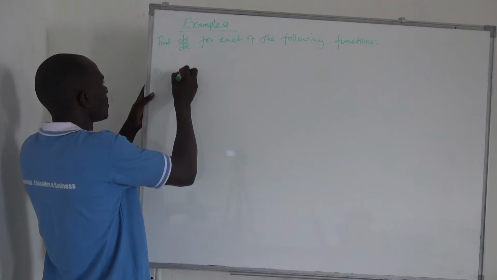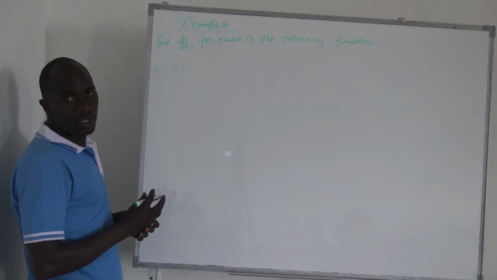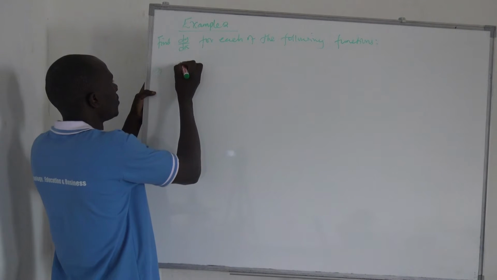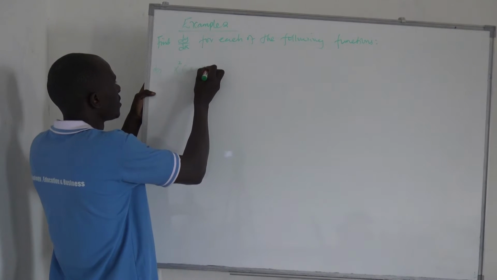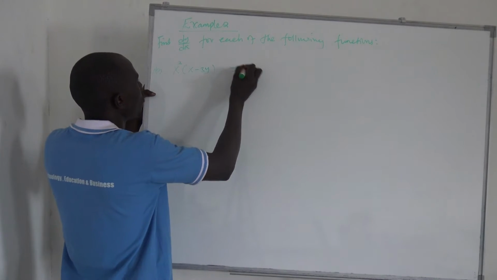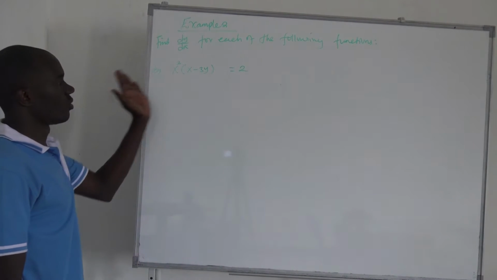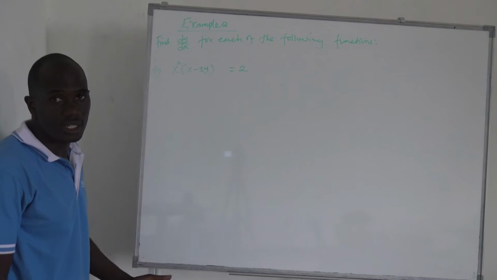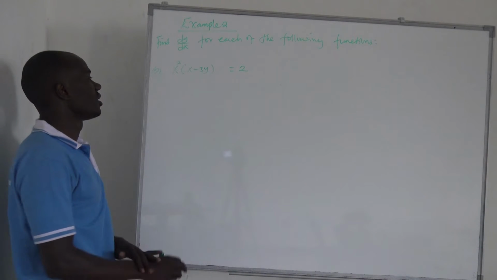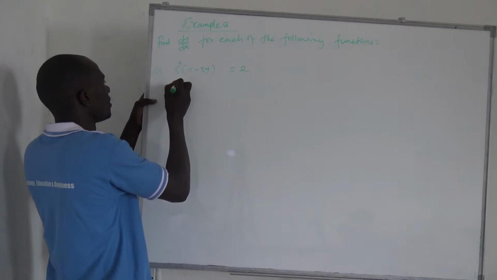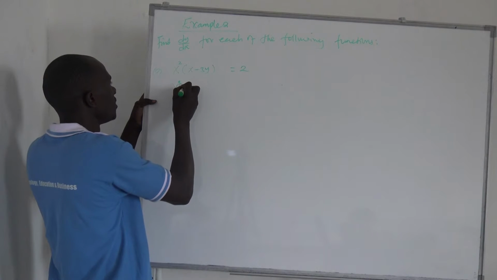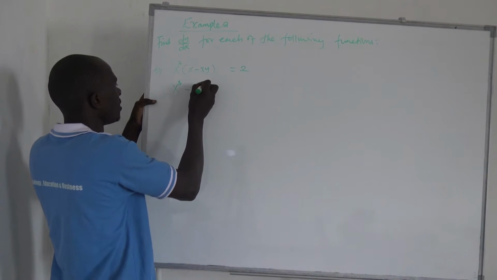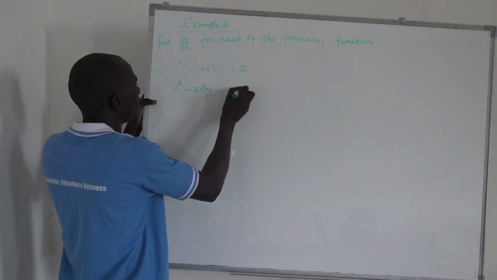was x into, you can maybe say x squared into (x minus 3y) equals 2. So what do we do? You can open the brackets, then you apply d/dx, we differentiate everything. So this one becomes x cubed minus 3x squared y equals 2.